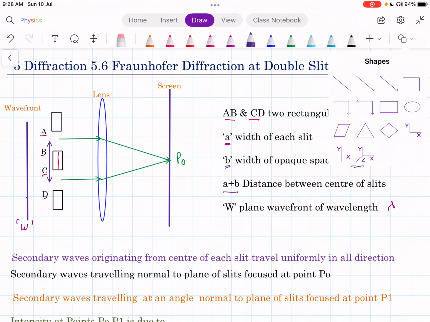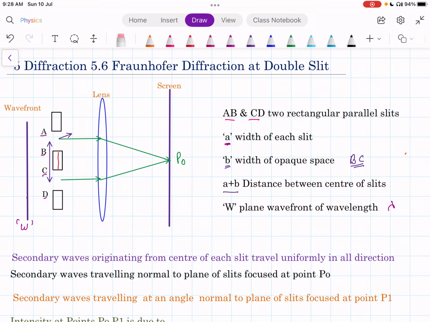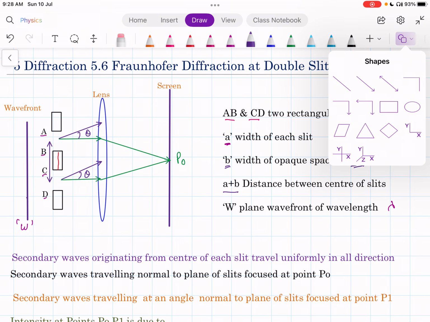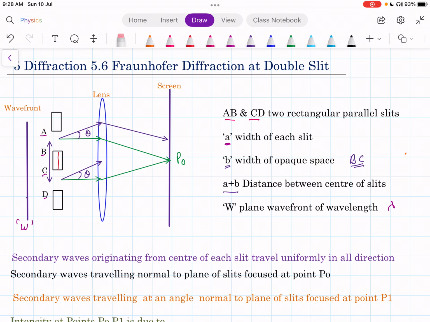And those secondary rays which are traveling in a direction theta with the normal to the plane of the slit, so these secondary rays are making an angle theta with the normal to the plane of the slit, they are brought to focus at point P1. So this is the point P1. We are considering only two points on the screen, P0 and P1.